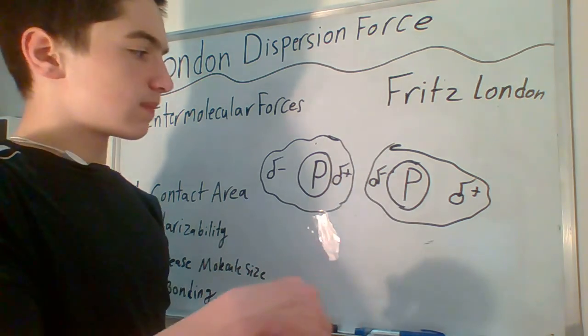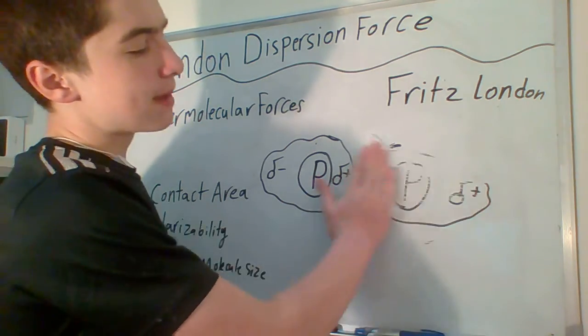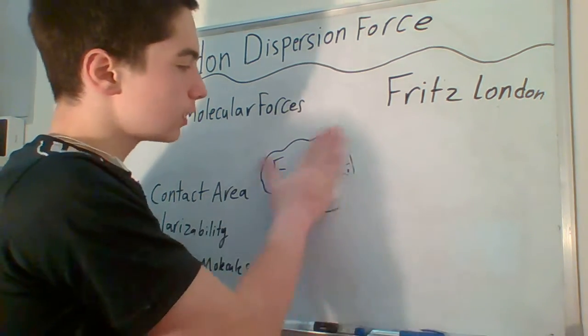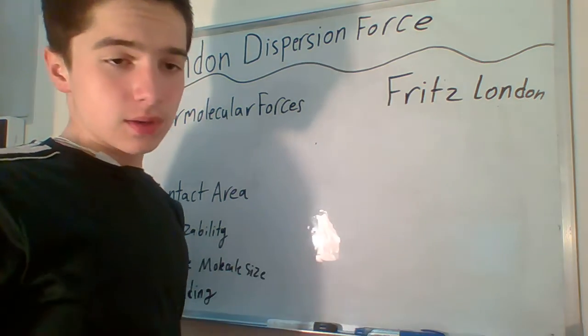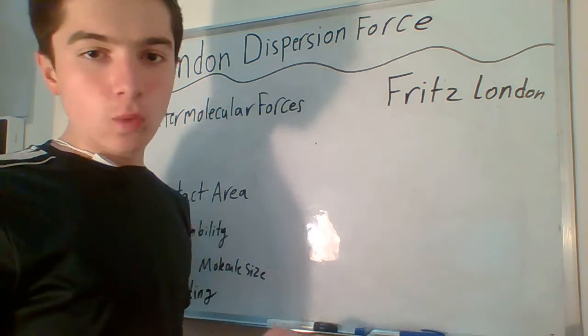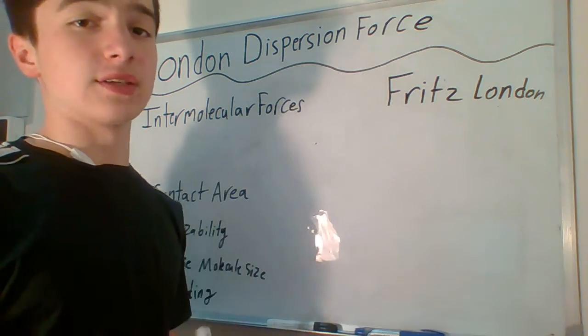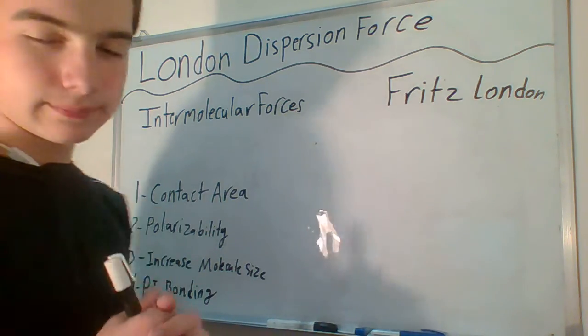Now we talked about the London dispersion force. Let's talk about what makes it stronger. Well, we know it's a weak force and it doesn't occur for a long time. What makes it a little bit stronger? Well, we're going to have four things. First thing, the contact area.